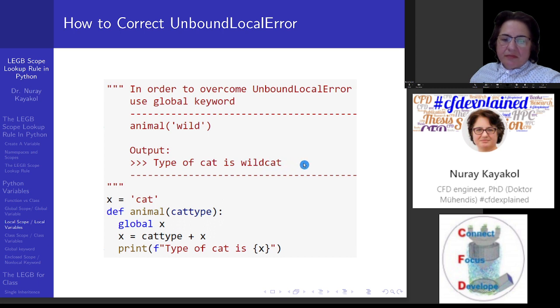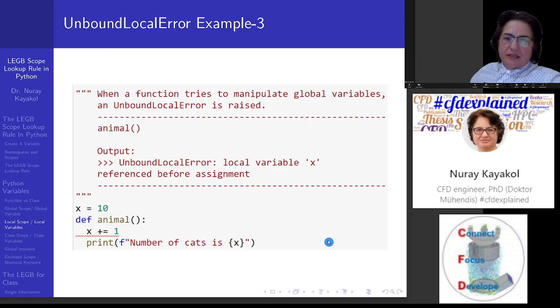So what you learn is that if you use a variable both on the left and the right hand side, in order not to get an unbound local error, use the global keyword, so you can reach this value of x.